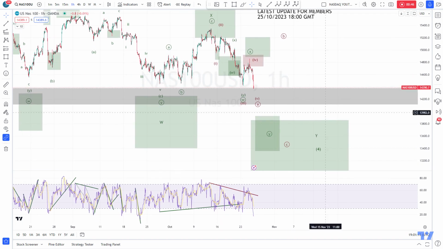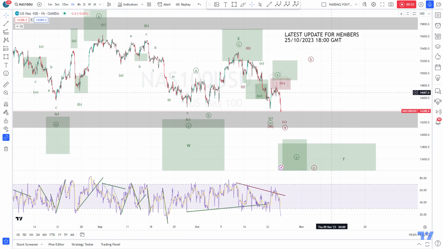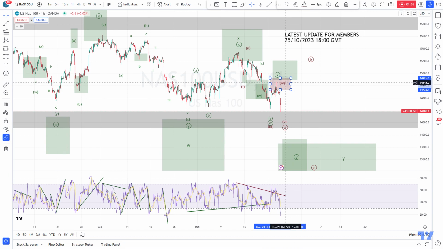So we were planning, or the expectation is to go into this area right here. And the question was, how exactly will we get there? And we took the most obvious path, which was the wave 4. So reaction from the wave 4 area going down from here.